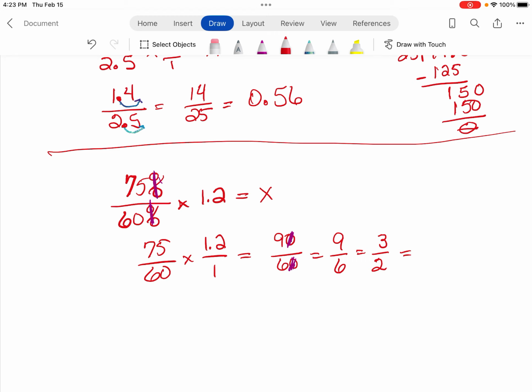You can write it as a mixed number, 1 and 1/2, but unless the question tells you to write it as a mixed number, you only have to write the fraction. If you want to write it as a mixed number, that's fine. I'll give you credit for it.